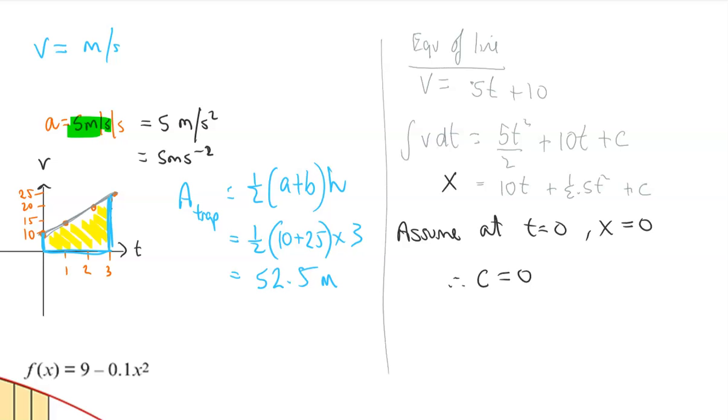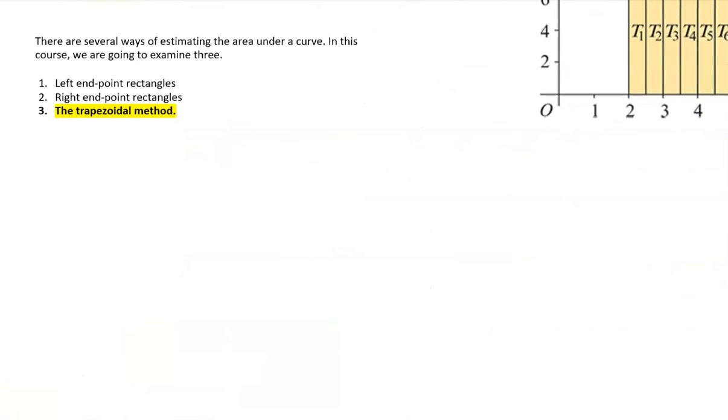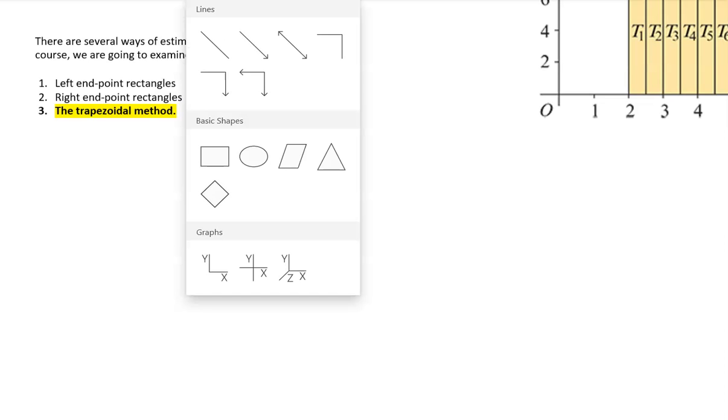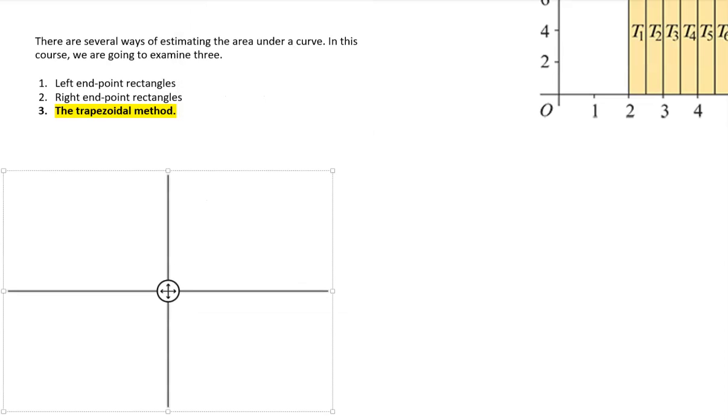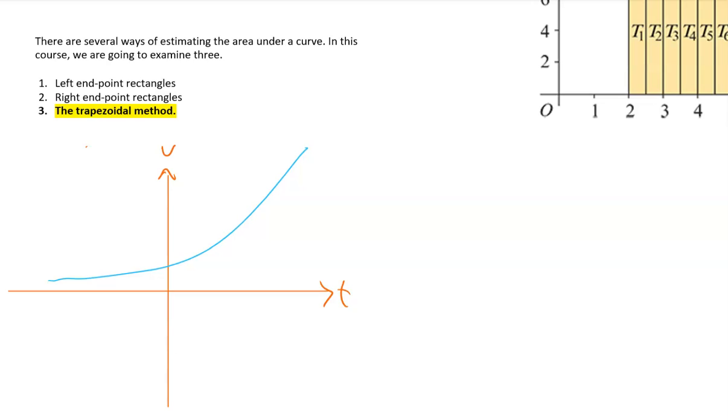But what happens when it's not? What happens when it's a curve? If I want to find the area under a curve, so if I have a velocity curve, velocity and time, and my graph does this, so the velocity is related to time following an exponential graph, and I want to know what my displacement is, what my position is from t equals 0 to t equals 5, for argument's sake.